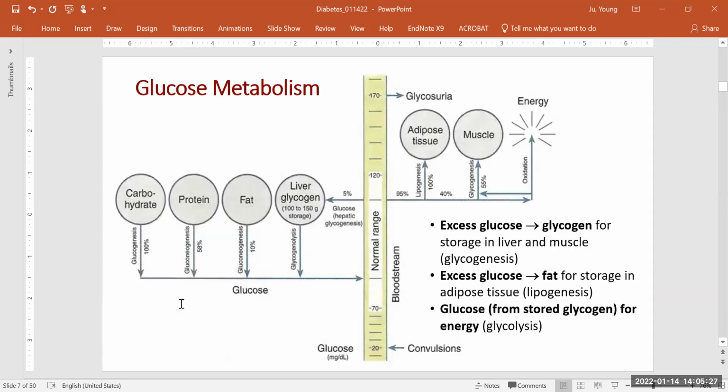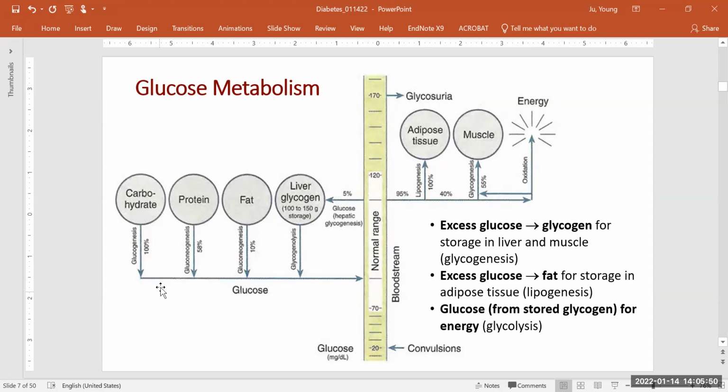So let's talk about normal glucose metabolism first. The human body needs energy for the normal functioning of the organs, and we are getting energy from food sources. Macronutrients in foods such as carbohydrate and protein and fat are the energy sources.